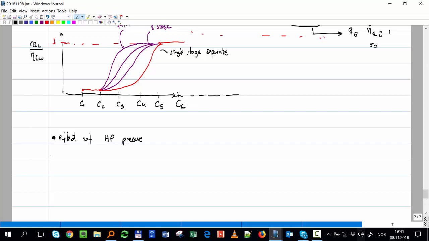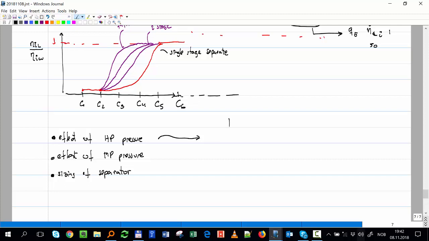Then the effect of a medium pressure. And the third thing we are going to look at is the sizing: how do you perform the sizing of the separator? That we're going to talk about tomorrow. So first, the effect of high pressure.